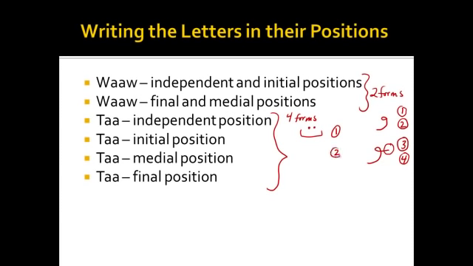In the initial position, the ta is going to look like this, just like the ba, but with 2 dots on top. And the third one, the ta will look like the ba in the medial position. And in the final position, the ta looks just like the ba, except it has 2 dots on top.